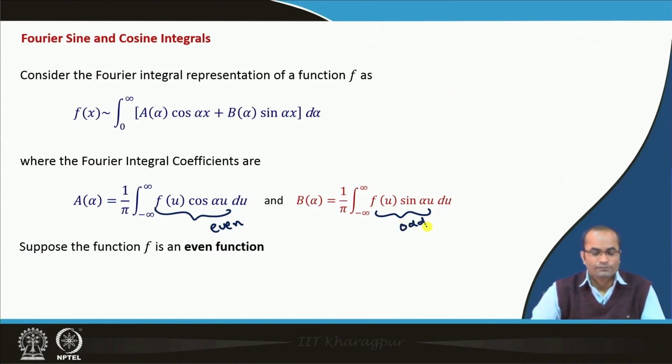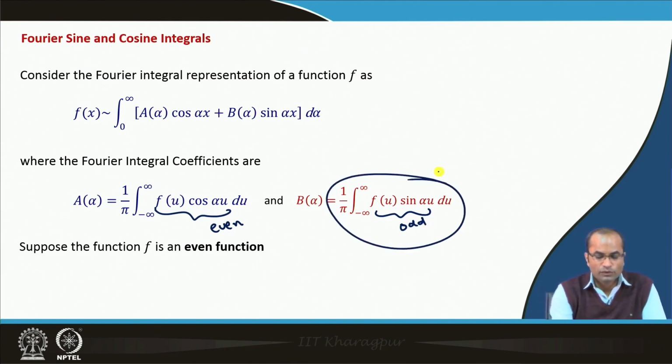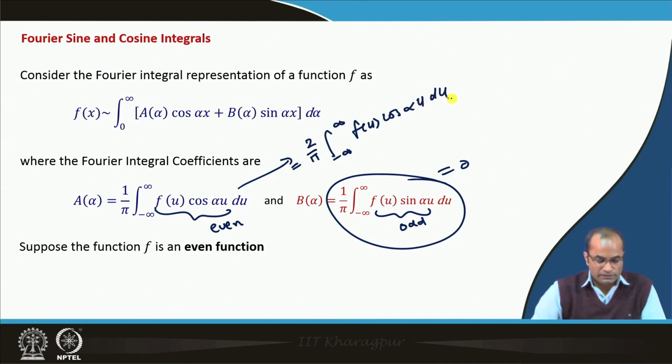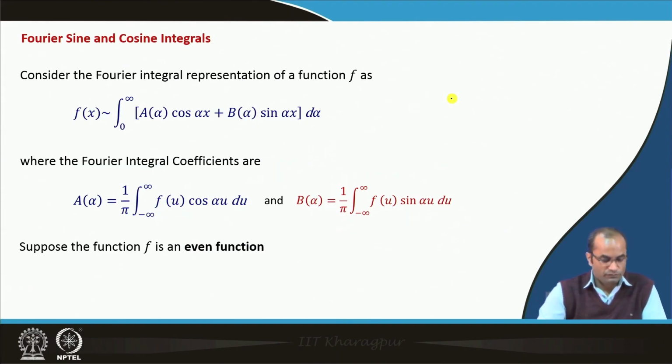So in this case b will go to 0 because the integrand is an odd function, and because the other integrand is an even function, we can write instead 2 over pi times the integral from minus infinity to plus infinity of f u cos alpha u d u. With these simplifications we want to now go on.